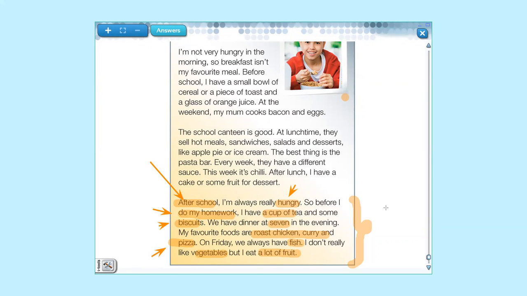Remember, this is the part number 3. Remember that this is the part number 2, in the canteen. And also, remember that this is the part number 1 that you talk about your favorite breakfast, okay? This is part number 1, part number 2, and part number 3. In your writing, you have 3 paragraphs, okay?